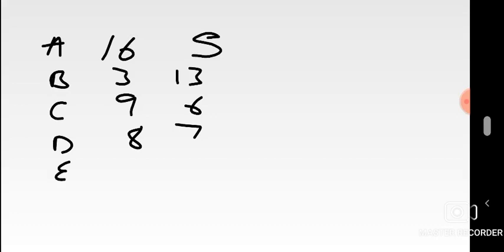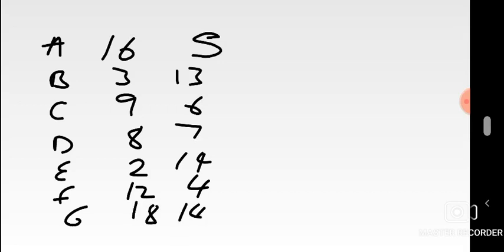E had 2 and 14. F had 12 and 4. G had 18 and 14. And finally H had 20 and 11. Then you start: which job has the least time amongst these shown here?